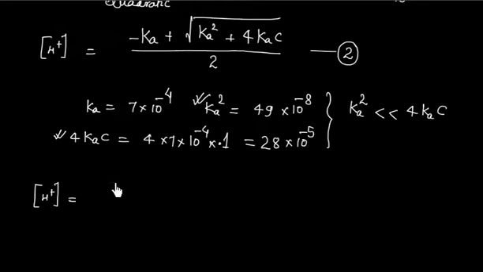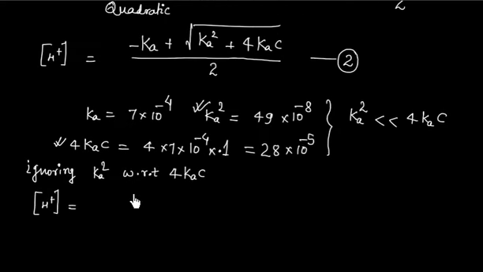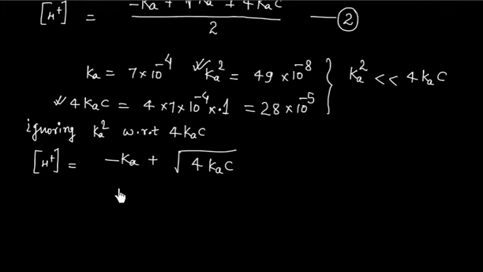So what I am doing, ignoring Ka square with respect to 4KaC. So what will we have? You see this solution, I will have minus Ka plus, and since I have ignored Ka square, I will have 4KaC, and in the denominator I will have 2 also.